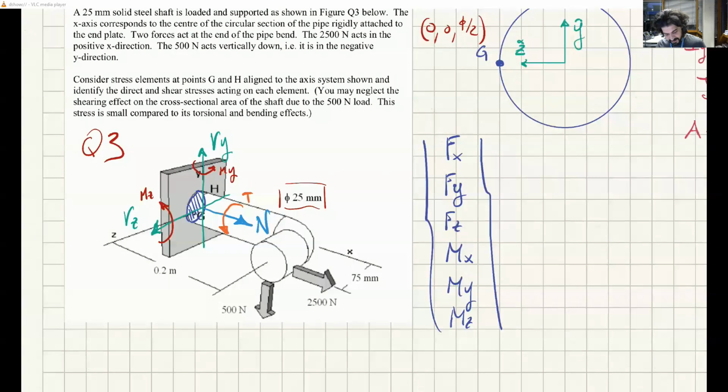Since the x-axis is exactly perpendicular to the cross-section, Fx is also the normal force. Y and z are both inside the cross-section, so these are both shear forces. For the moments, remember, the moment around the normal force is always the twisting torque, so say this is T, and the remaining 2 moments are always bending moments.